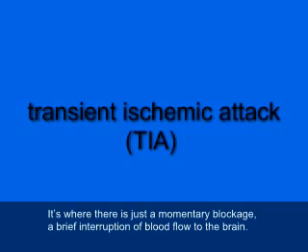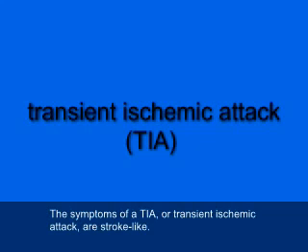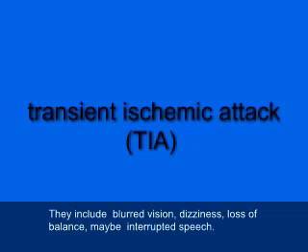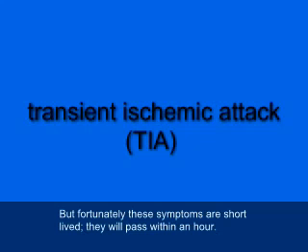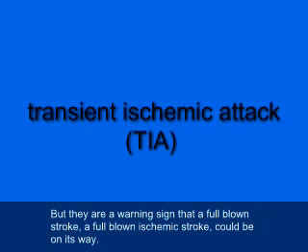It's where there's just a momentary blockage, a brief interruption of blood flow to the brain. And the symptoms of a TIA are stroke-like. They include blurred vision, dizziness, loss of balance, maybe interrupted speech. But fortunately, these symptoms are short-lived. They would pass within an hour. But they are a warning sign that a full-blown ischemic stroke could be on its way.